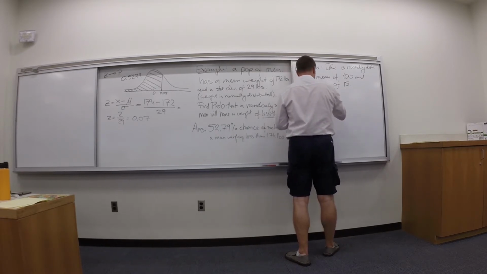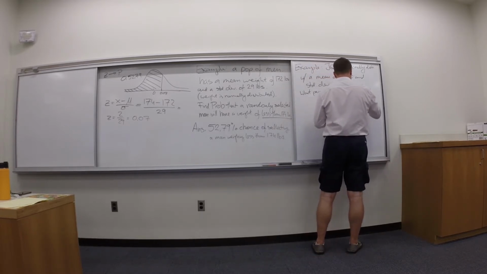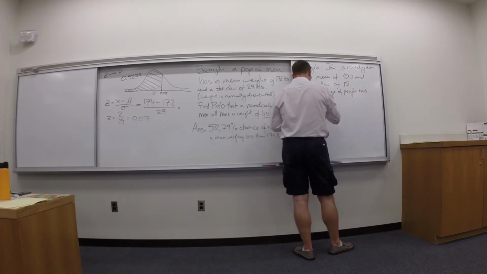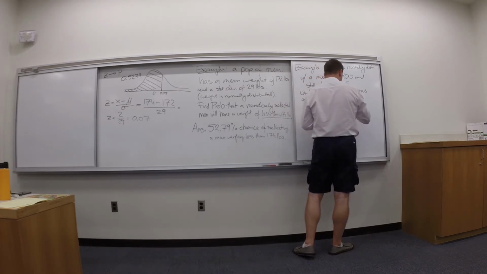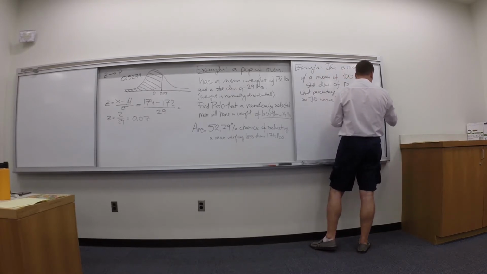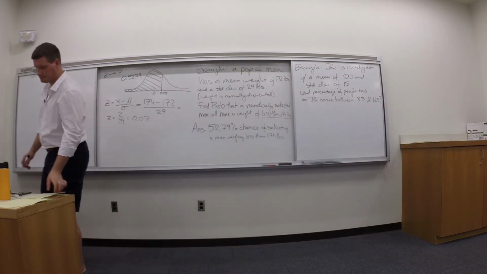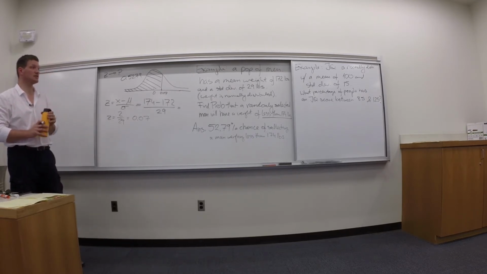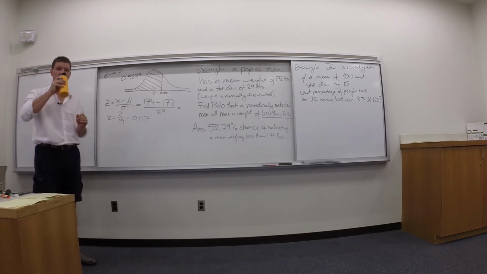What percentage of people has an IQ score between 85 and 125? So IQ is normally distributed with a mean of 100 and a standard deviation of 15. What percentage of people has an IQ score between 85 and 125?